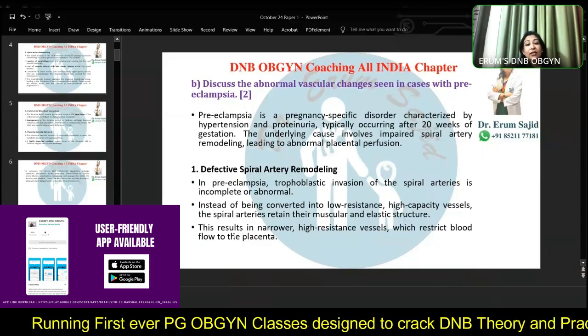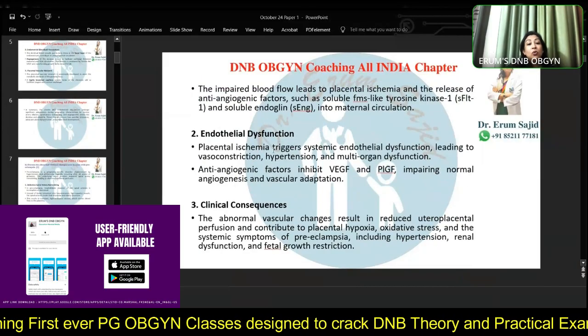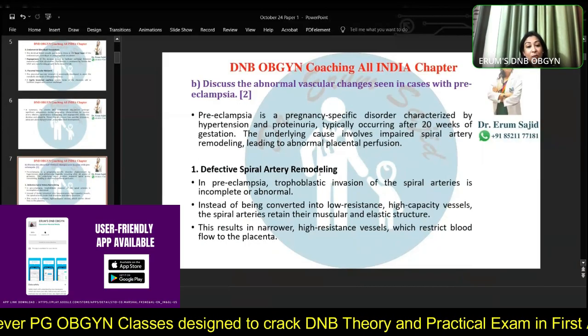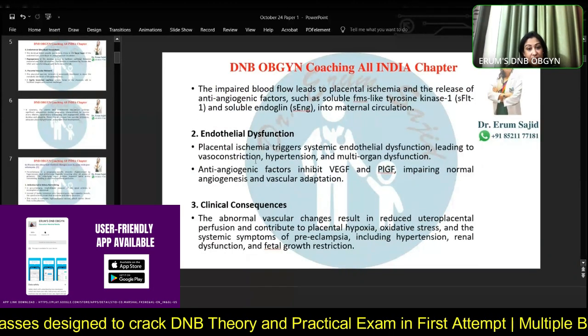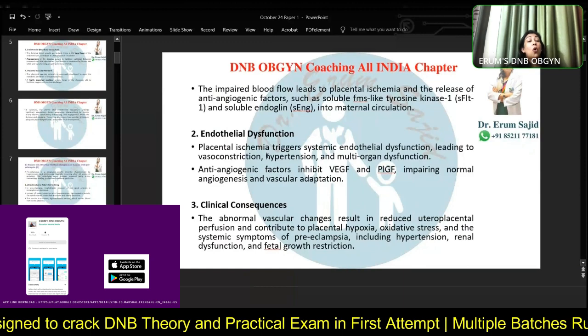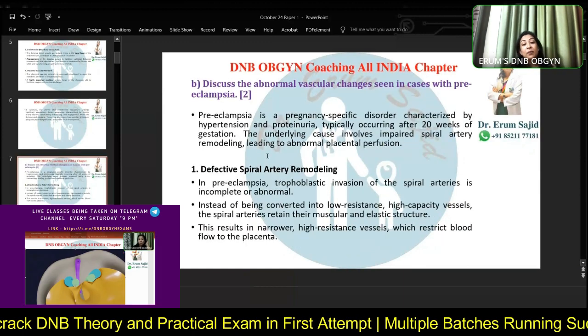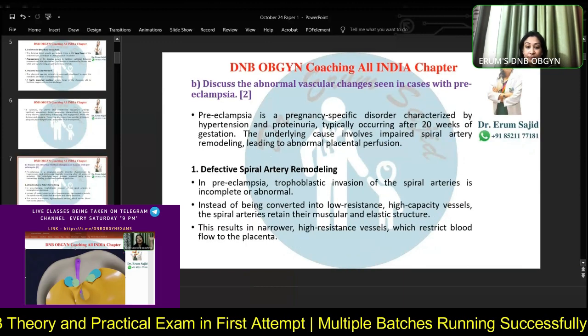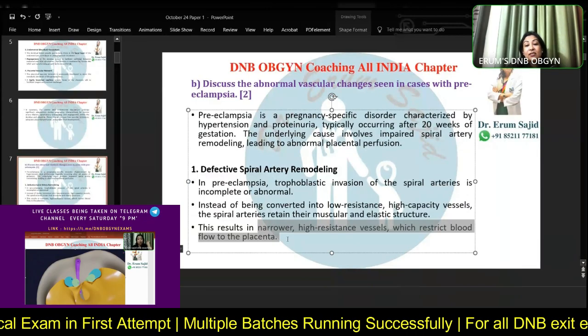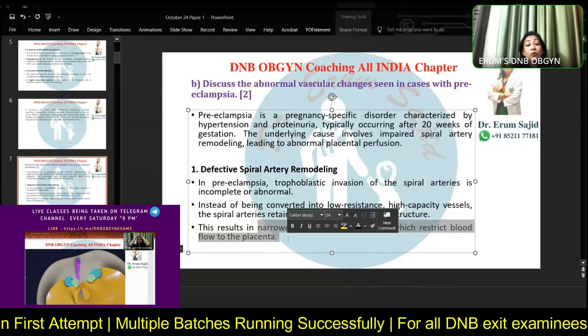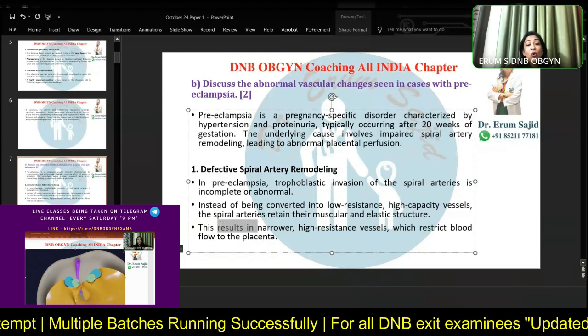And now I'll tell you. See, this is what I've written down over here. The most important is defective spiral artery remodeling and endothelial dysfunction. Because of these 2, there are all the changes that happen in preeclampsia. Okay, so there are narrower high resistance vessels which restrict the blood flow to the placenta, as a result of which you have all these problems.